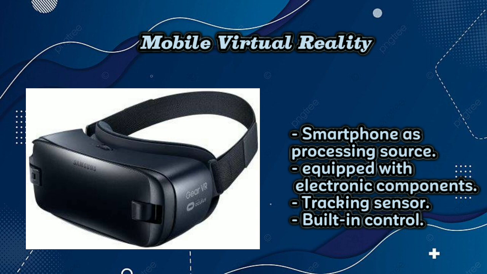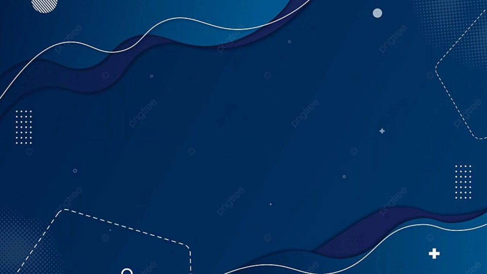So the price is a little expensive. For example, this type of VR device is the Samsung Gear VR, which is used to add excitement and enhance the user experience while in the virtual world.